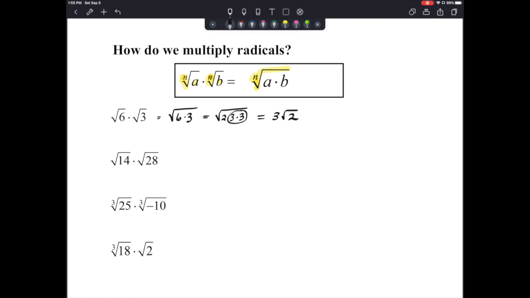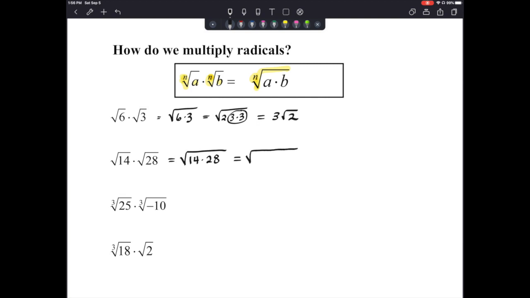Next, the square root of 14 times the square root of 28. When we put that together, that is the square root of 14 times 28. Now some people will break this down into prime factorizations, make 14 2 times 7 and 28 2 times 2 times 7, but let's just think about it for a second.